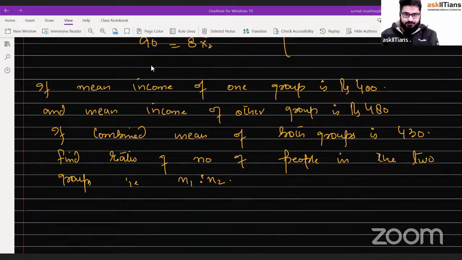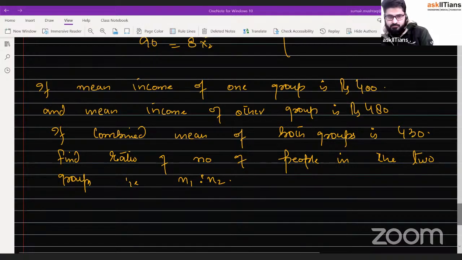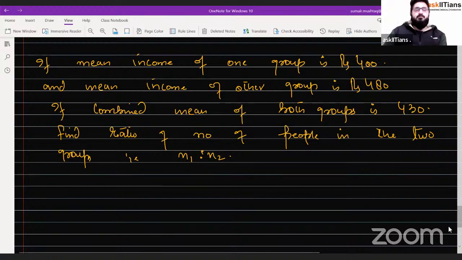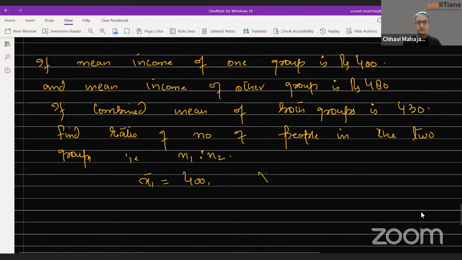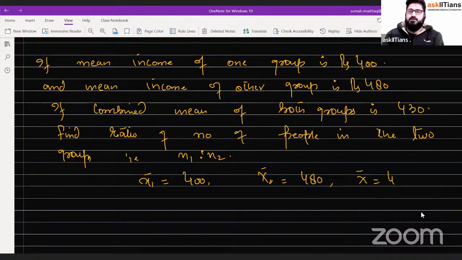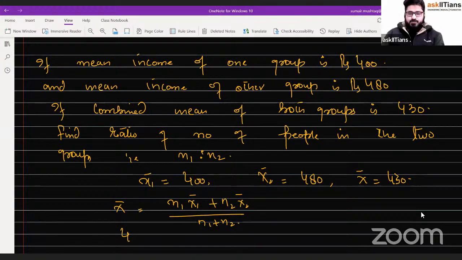Wait, I will show it. What is x1 bar? 400. What is x2 bar? 480. What is x bar? 430. So x bar is equal to n1 x1 bar plus n2 x2 bar divided by n1 plus n2.